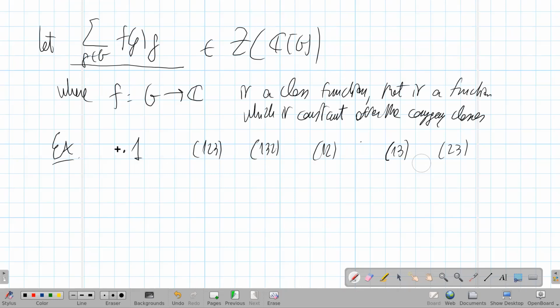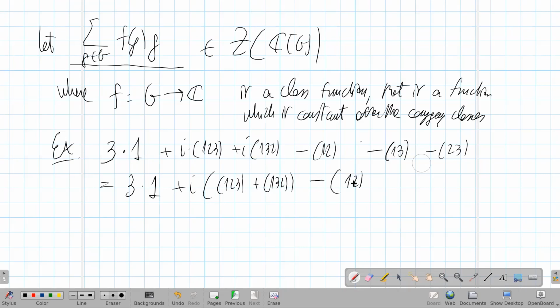So for instance, we can put 3 here. There's no problem here, because the conjugacy class consists of one element. If we put i in front here, then we have to make sure that i is the same coefficient here. And if you put -1 here, then it has to be -1 also here, okay? In this way, we have that this is 3 times the sum of the first conjugacy class, plus i times the sum of the second conjugacy class, minus the sum of the third conjugacy class, okay?